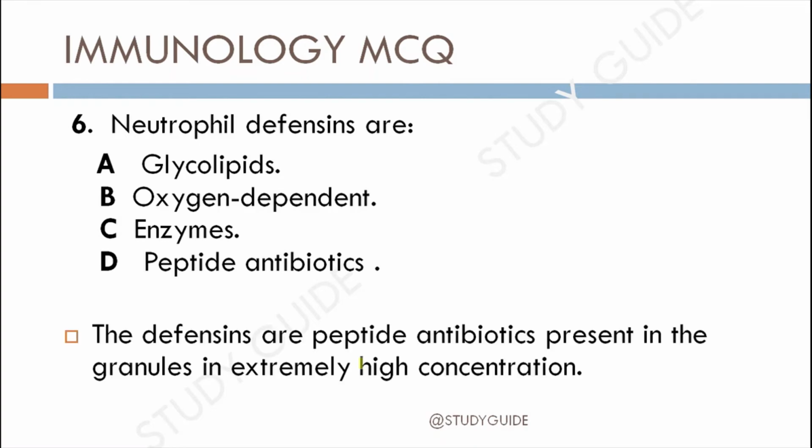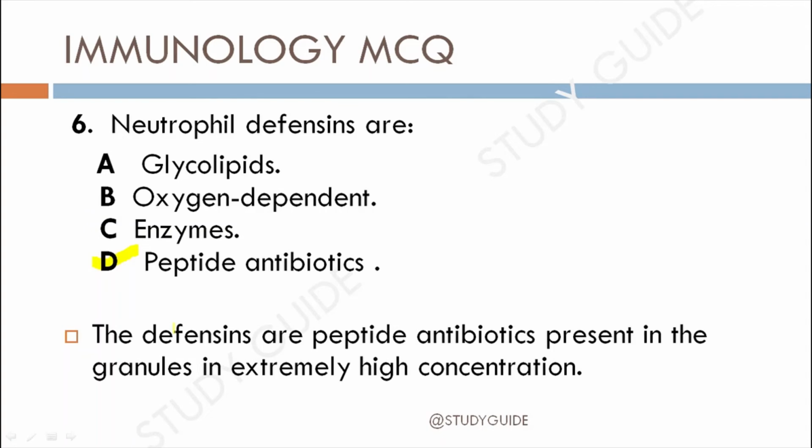Basically the answer is that these are peptide antibiotics. Option D is correct, because defensins are peptide antibiotics present in the granules in extremely high concentration. They could not be glycolipids, they are not oxygen dependent, and they are not enzymes. So our answer is option D.